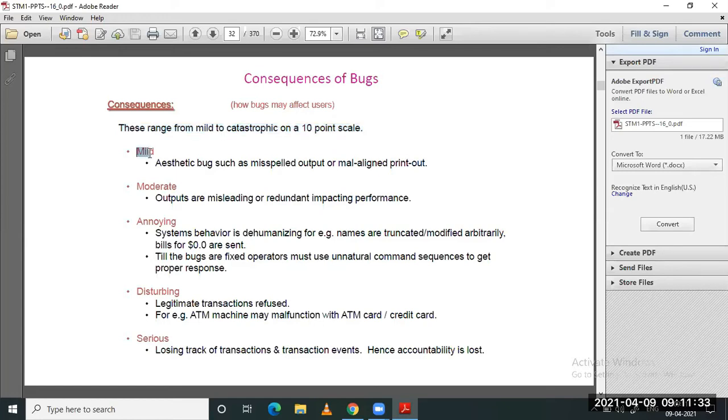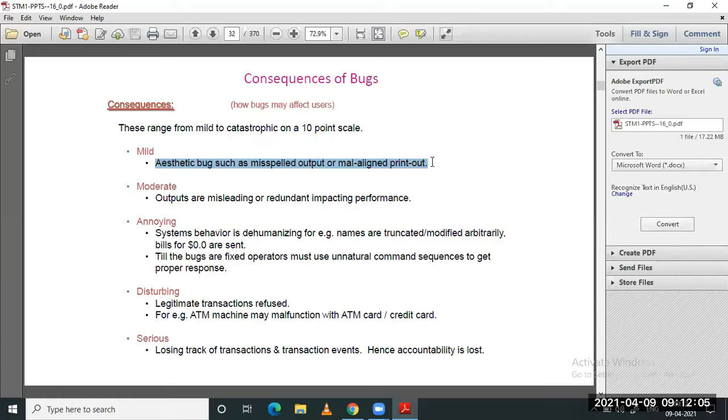The first type is mild. Mild is nothing but small bugs, that means misspelled outputs and mal-aligned printouts. Mild means you are writing a program, and in that program there is some misspelled output. For example, I am saying that "hi friends" is the output. Instead of "hi friends", if you write "HAI", we call that a misspelled output or mal-aligned printout.